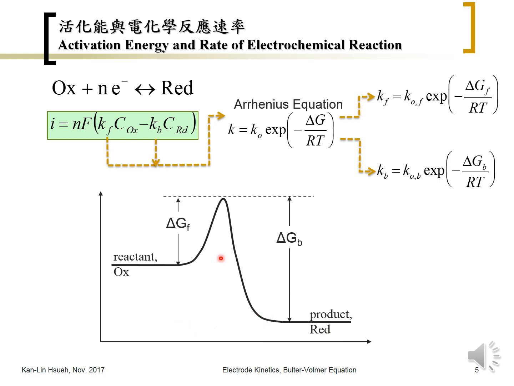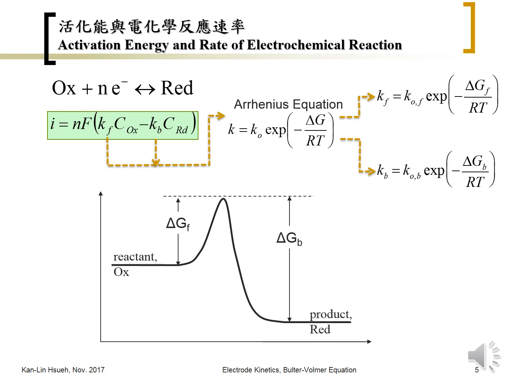The forward reaction has to overcome the delta GF. And for the backward reaction, the reducing species has to overcome the delta GB, this energy barrier, to go through and then become oxidizing species. So the greater the energy barrier, the more difficult it is for the reaction to go through.